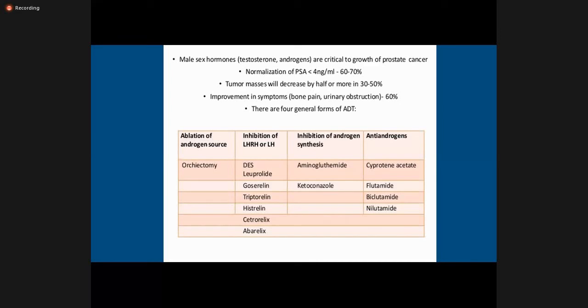So we have the option of giving them these, but these are given only in the setting of metastatic cancers. Inhibition of androgen synthesis can be done with other options like aminoglutethimide, ketoconazole, and anti-androgens like flutamide, bicalutamide, nilutamide.